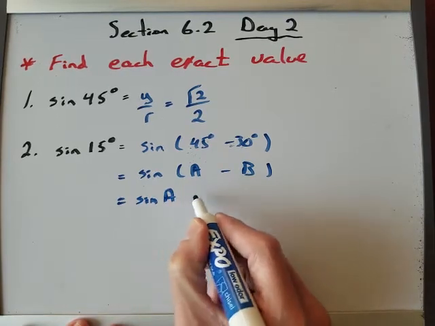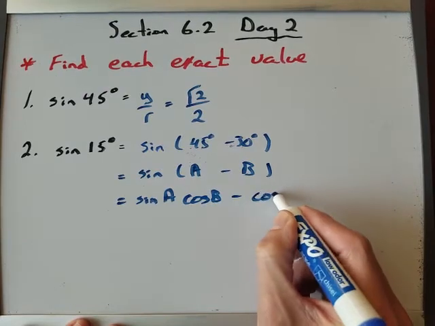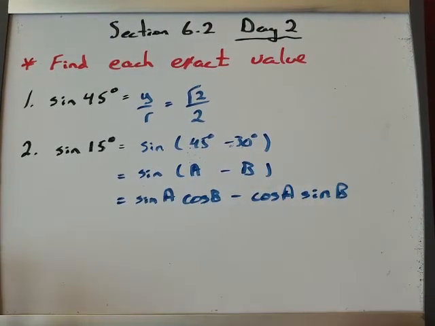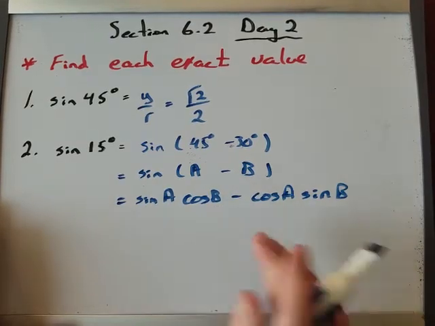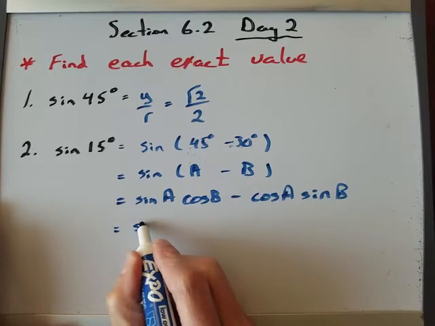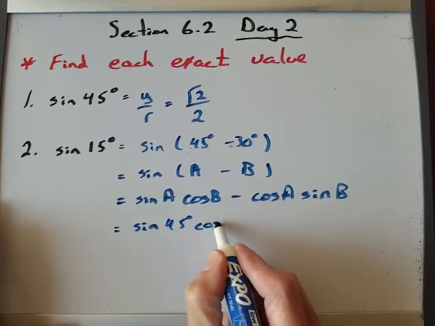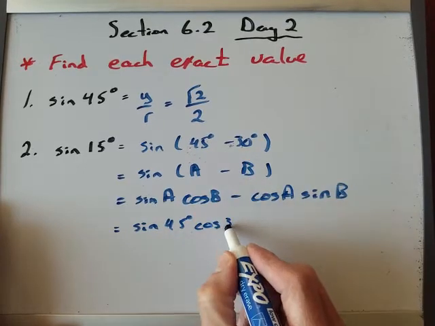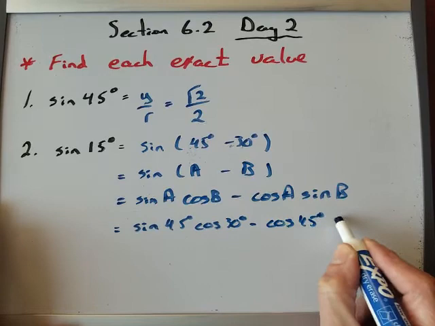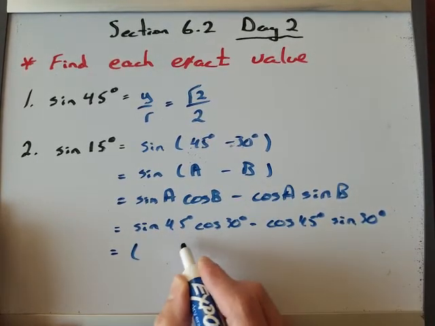It goes sine of A cosine of B minus cosine of A and then sine of B. And this has been proven true for all angles that you could put in, that this will be the same as the original amount. Here's how this calculation unfolds. All we simply need to do is to drop in what are each of the values. Well, A is 45, B is 30, and we can make these calculations.